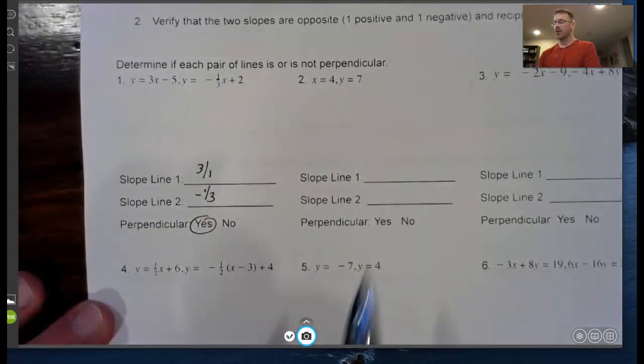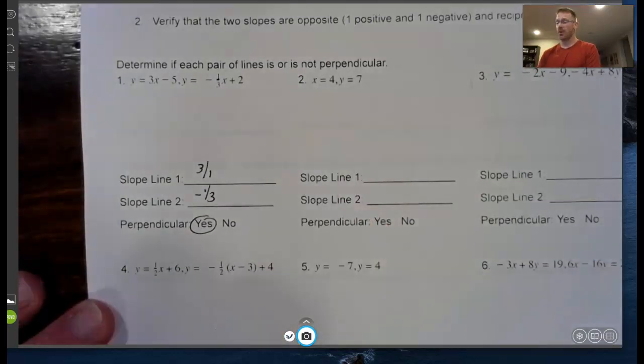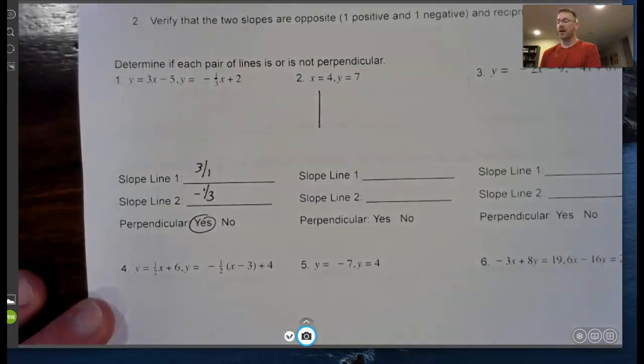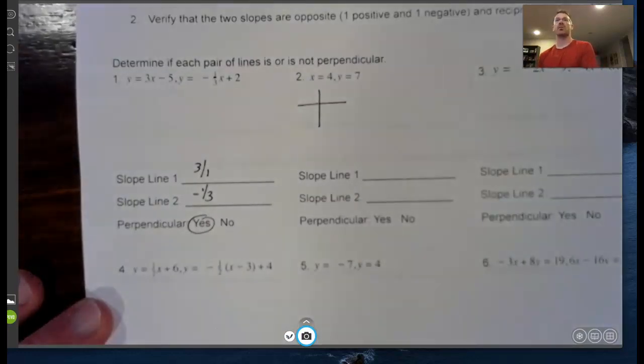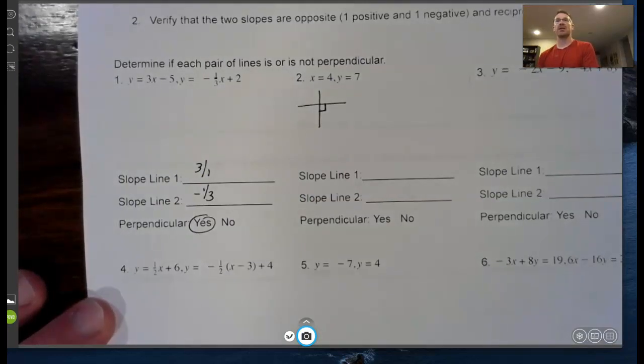Now, once again, here's our special case of lines here. The first one, x equals 4. Remember, that's a vertical line. Y equals 7, that's a horizontal line. And if we have one vertical and one horizontal, we always know that they will be perpendicular to each other.